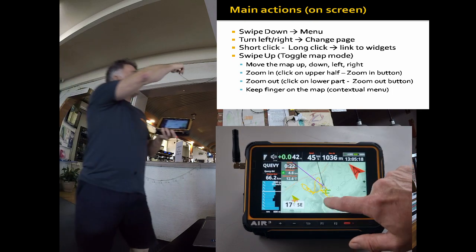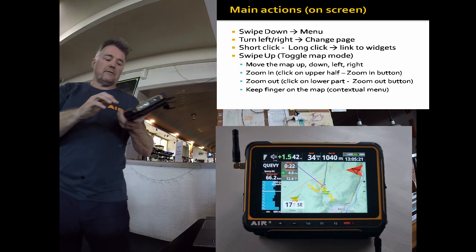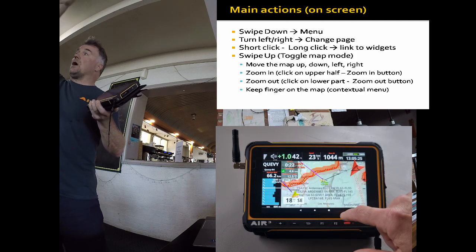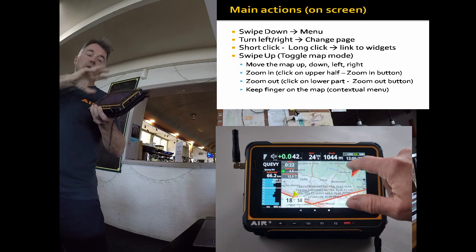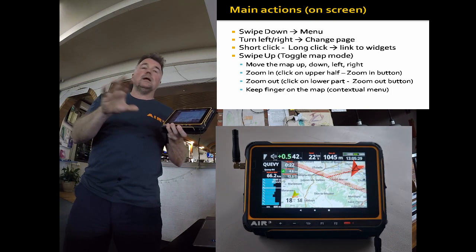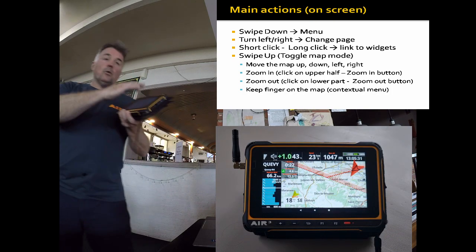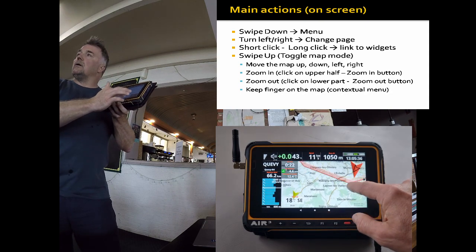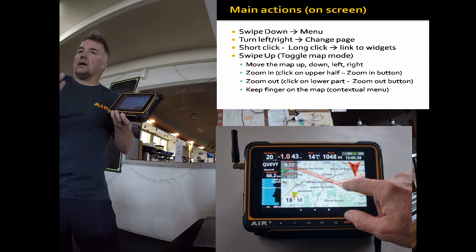Then the fourth one is swipe up. Swipe up means that you are going to enter a special mode. So swipe down is the menu, swipe up is a special mode that is called toggle map mode. When you are in toggle map mode, you can move the map behind. That's one thing.